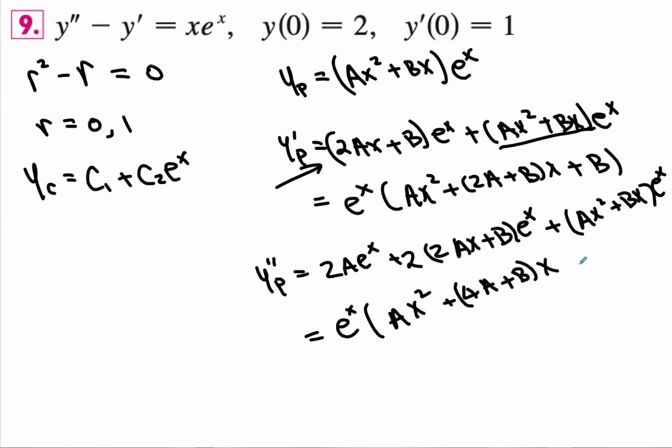And in terms of the constant, I have 2a here and then plus 2b. All right, so what we want to do is have this expression minus this one. Then in terms of a's, they cancel away, so we don't have to worry about it. How about x's? 4a plus b minus that.